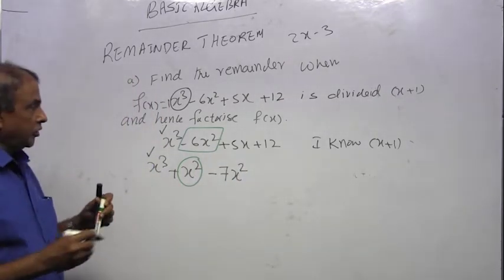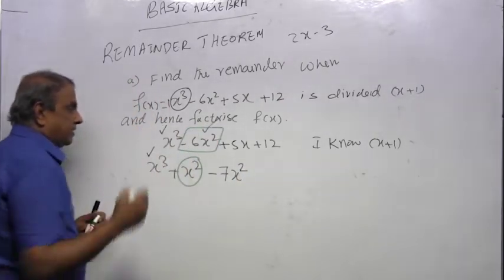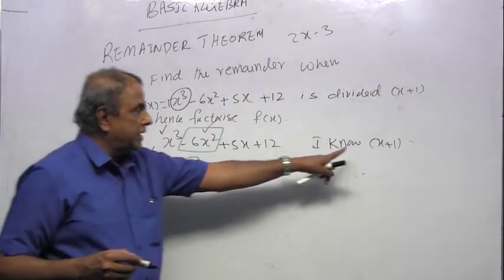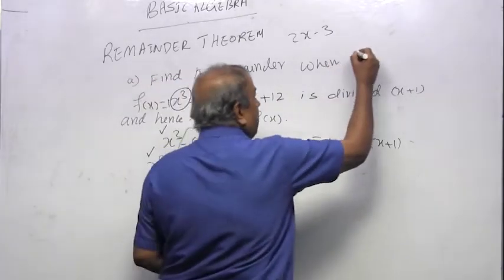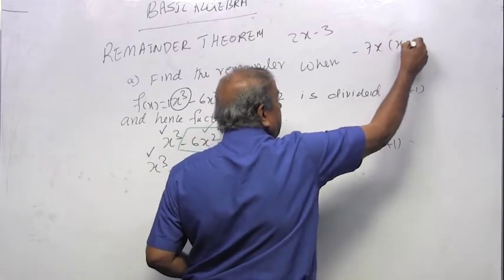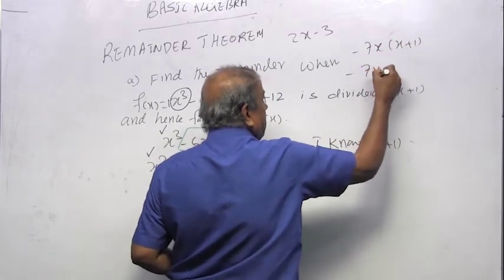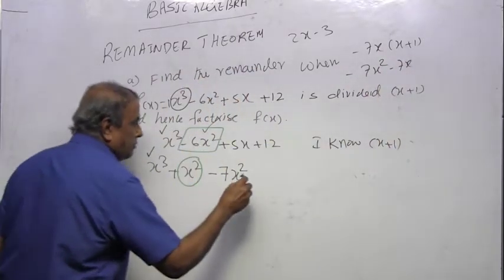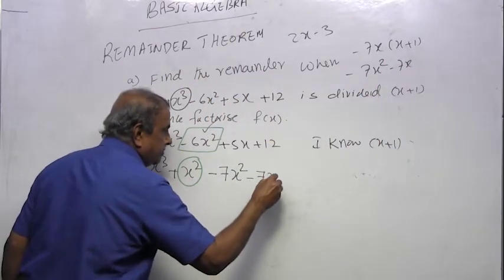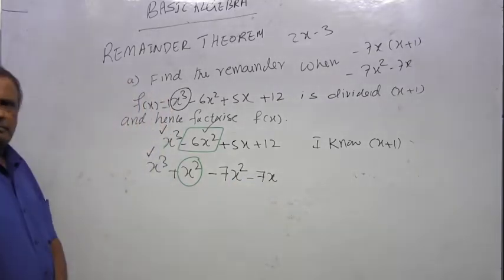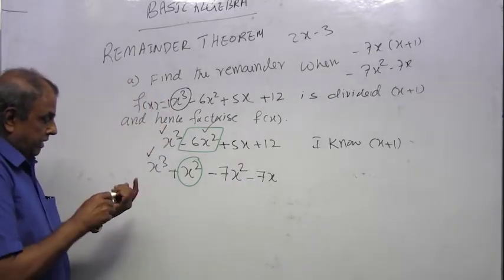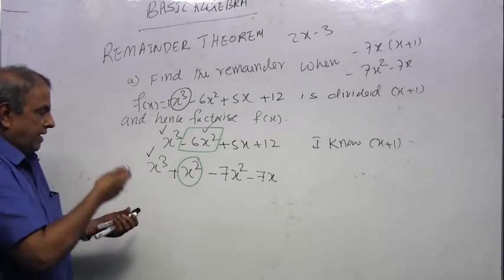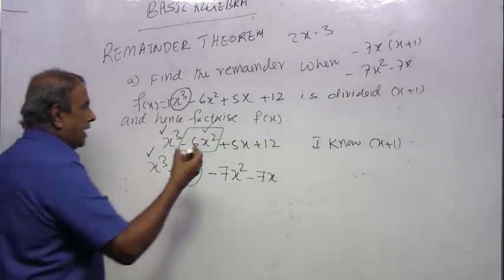Yeah. So now I have taken care of that. To get minus 7x squared from x plus 1, I must multiply minus 7x times x plus 1, which gives me minus 7x squared minus 7x, right? So I'll put a minus 7x. But going back, the original question had plus 5x.